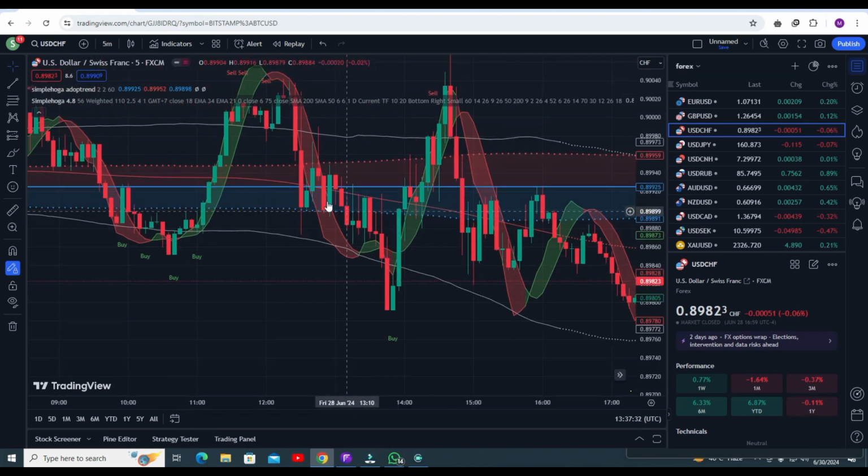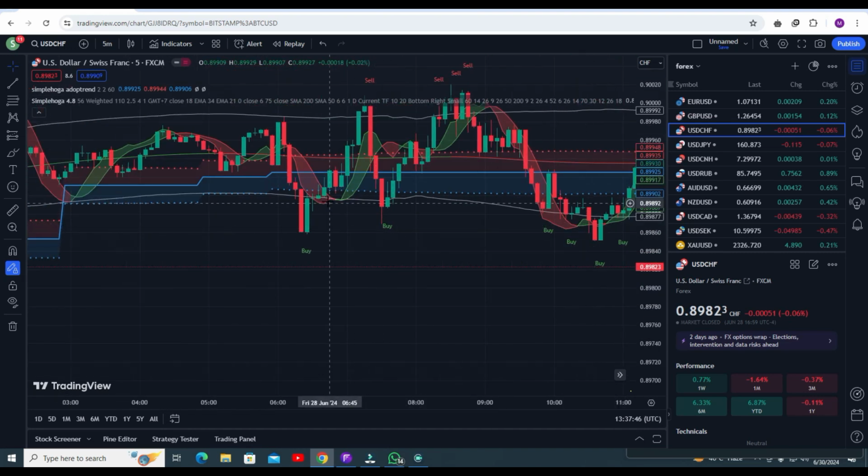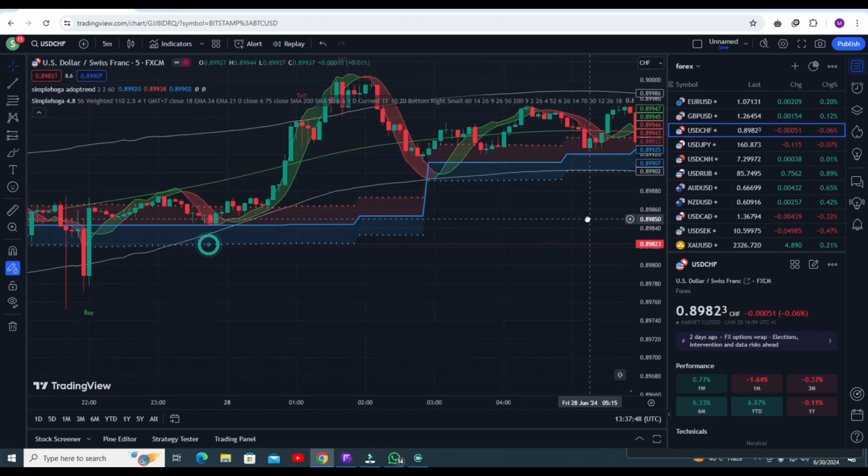This trend line is below the lower band line, and it's blue. Do not miss this buy signal. It will give you awesome profit, like here, here, here, or this one. All the time you are getting awesome profit.